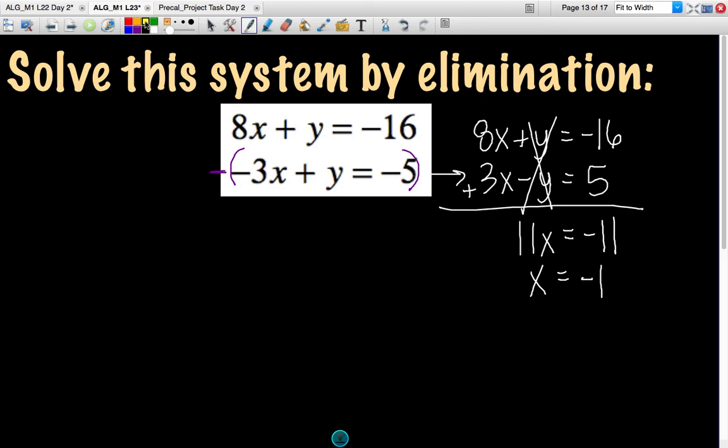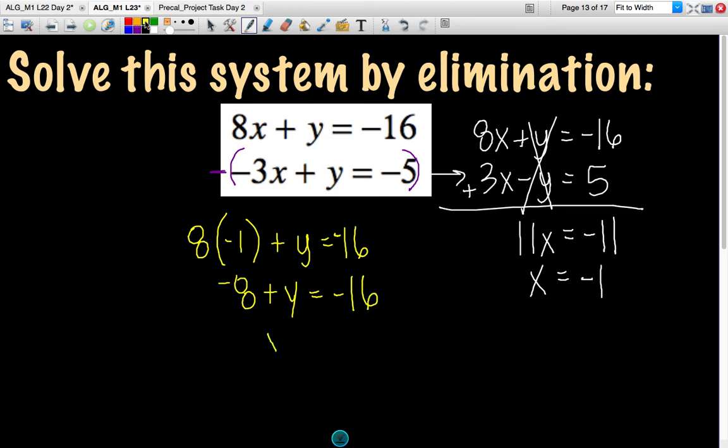And like usual, we'll plug in this value to find the missing value. 8 times x, 8 times negative 1, plus y equals negative 16, excuse me. Negative 8 plus y equals negative 16. Add 8 to both sides because it's negative, and negative 16 plus 8 would be negative 8, which means our solution to this system is negative 1, negative 8.